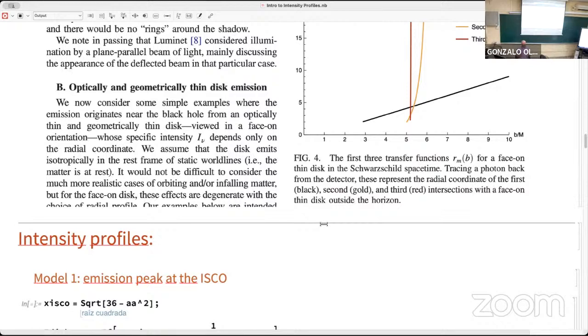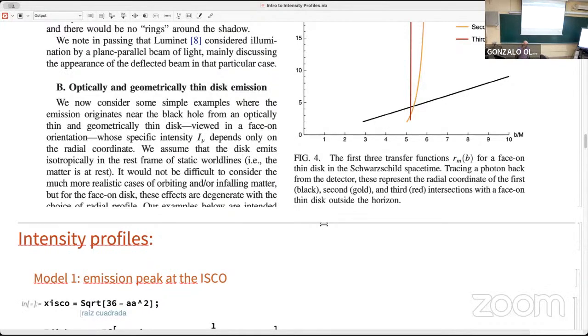Now what we need to do is to put some intensity profile and propagate that intensity to our detector. Depending on where the accretion disk is supported, we will pick intensity from different regions. This is what we are going to show.